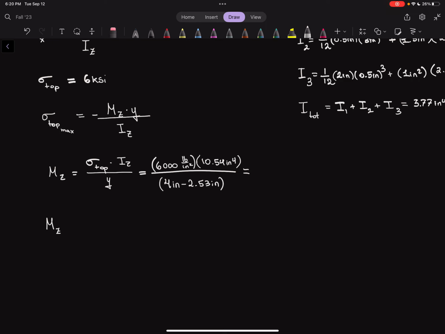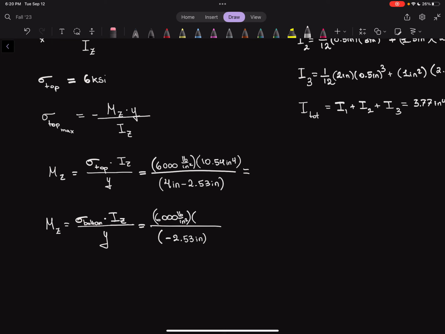Now for the bottom, we do sigma bottom times Iz divided by y. But now our y is going to be different. Our y is just going to be minus 2.53 inches. This is going to be 600 pounds per inch squared.